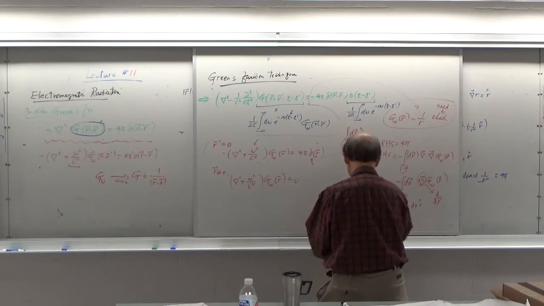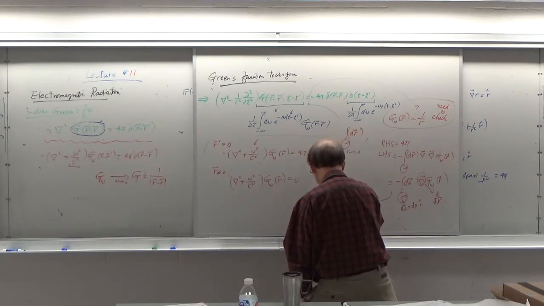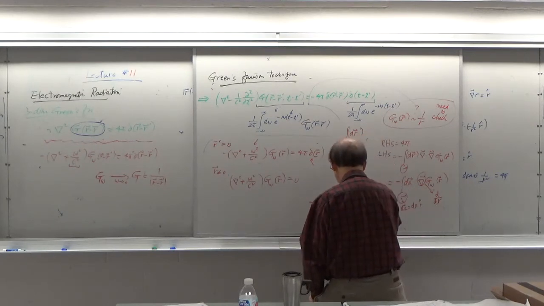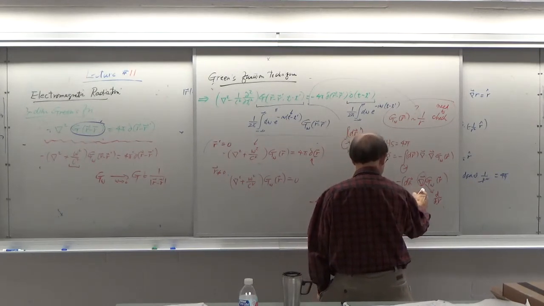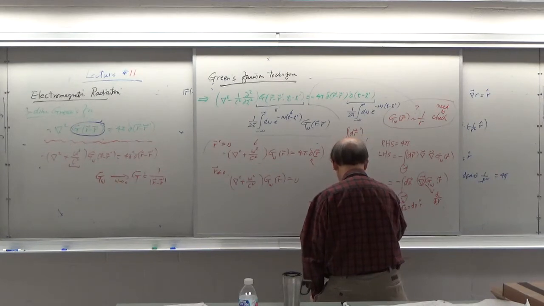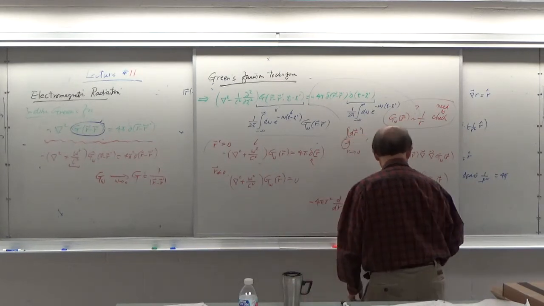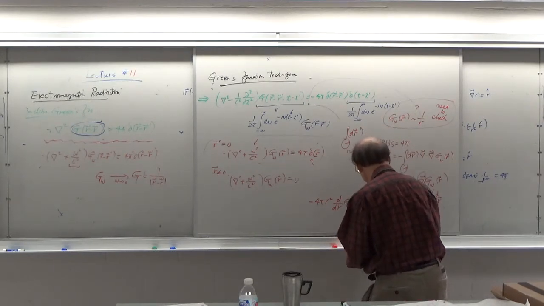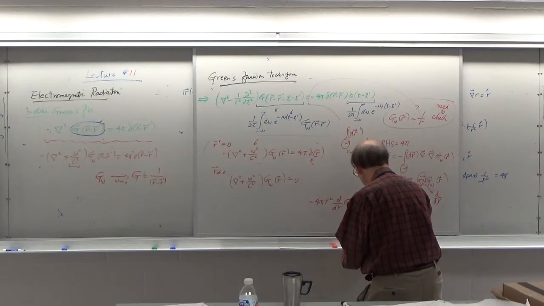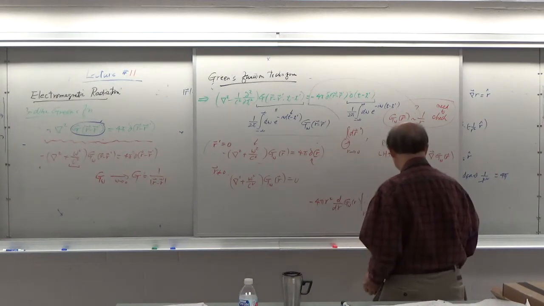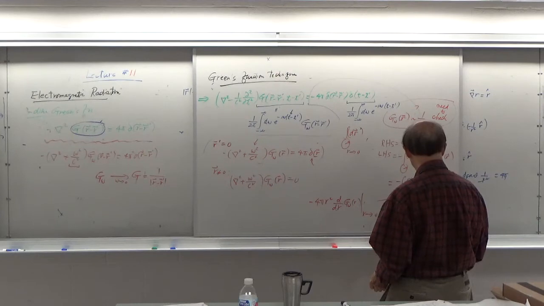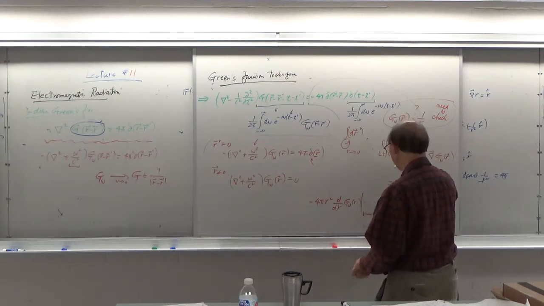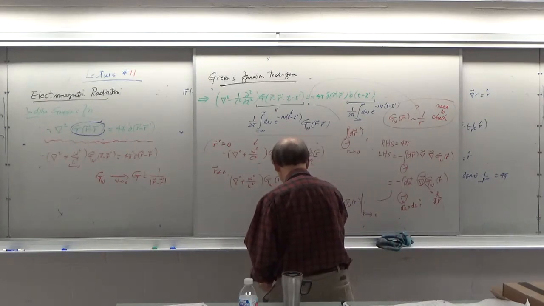So continue here: minus 4 pi R squared d by dr acting on this Green's function, for r goes to 0. And we are told that that should be equal to 4 pi.